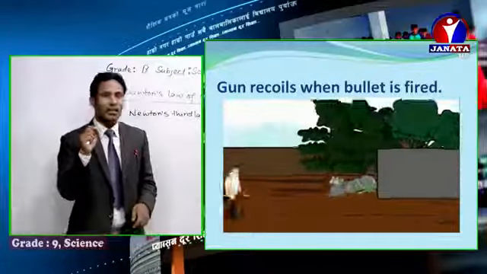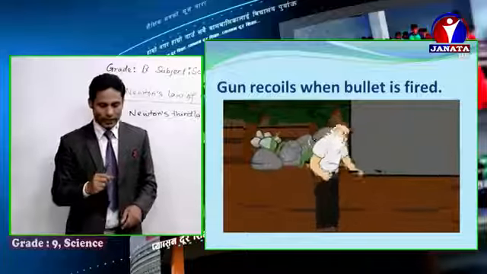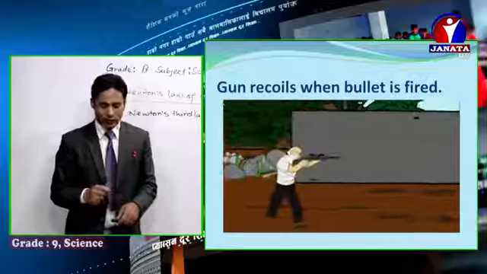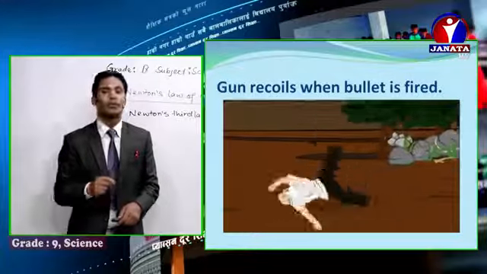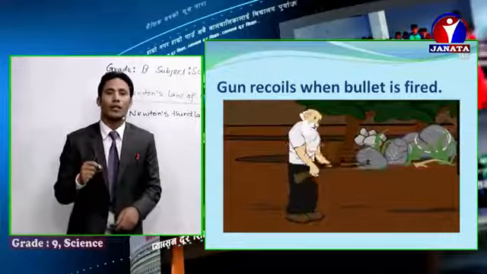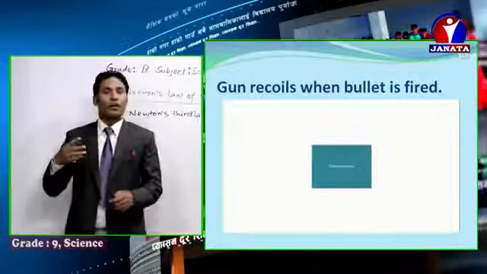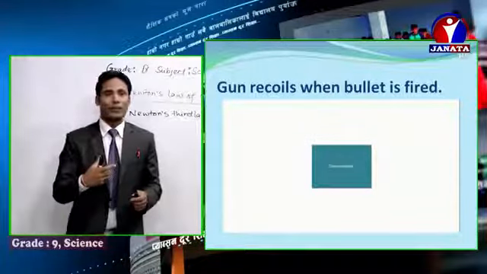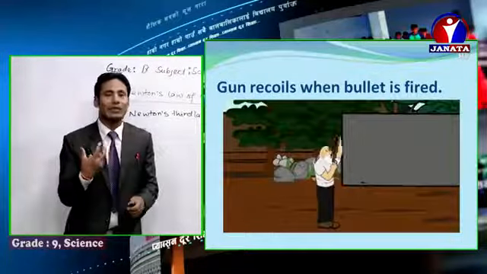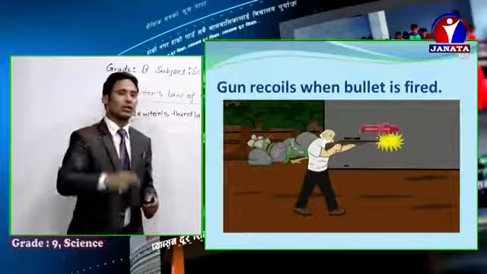Lastly, there is one video. You can see here one person is shooting with the help of a gun, and the gun recoils, which causes the person to fall. This is also due to the third law of motion. When the trigger strikes the bullet, the bullet gets a force from the trigger, that is the action, which causes the bullet to move in the forward direction.